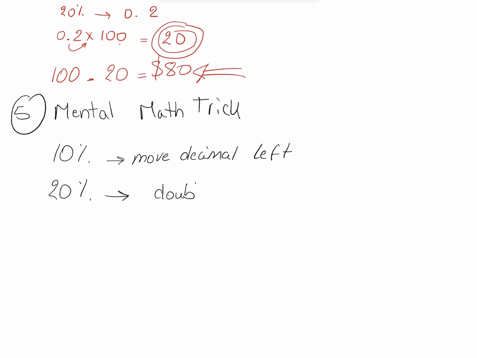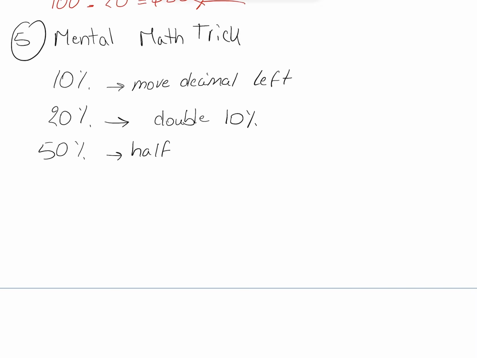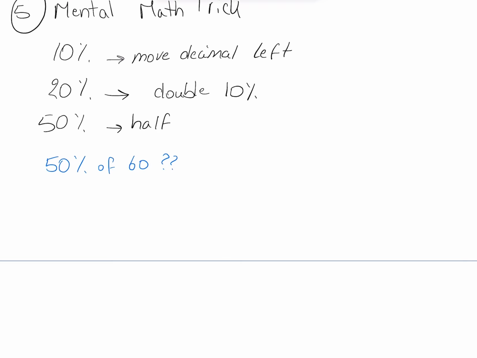It's double 10%. Remember this, 20% is double 10%, and of course 50% is half. So for example, if I have 50% out of 60, and you need these tricks because in these exams you don't have a lot of time, so you need to learn a few tricks. What's 50% of 60? You need to remember that it's half of 60, which is 30. You see how quick? That's the answer.